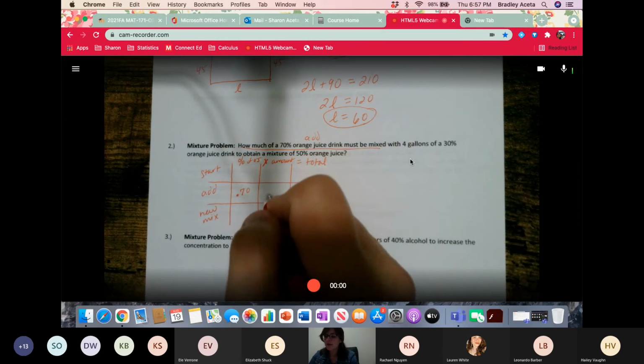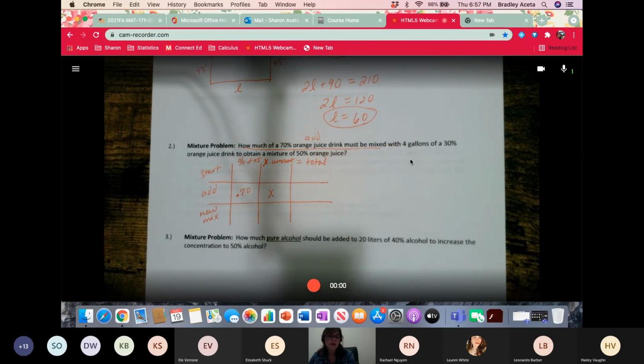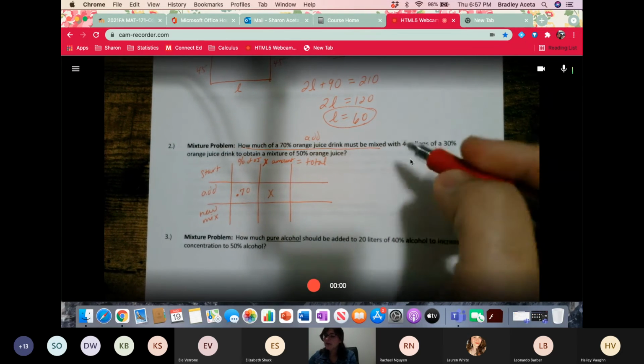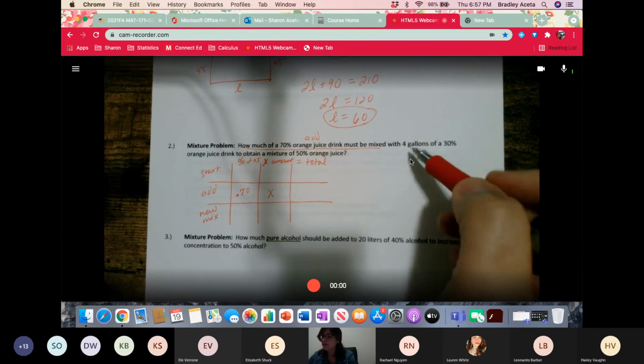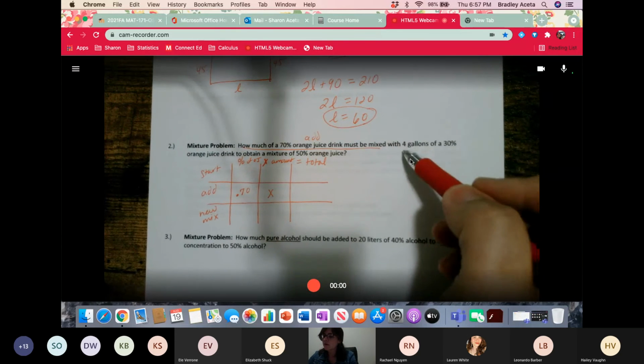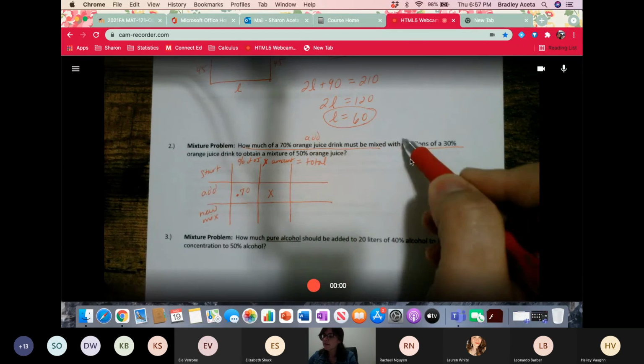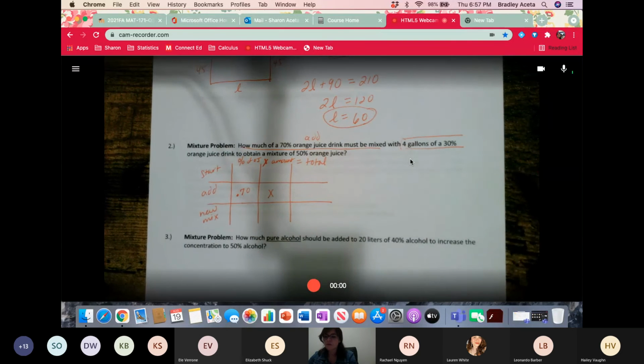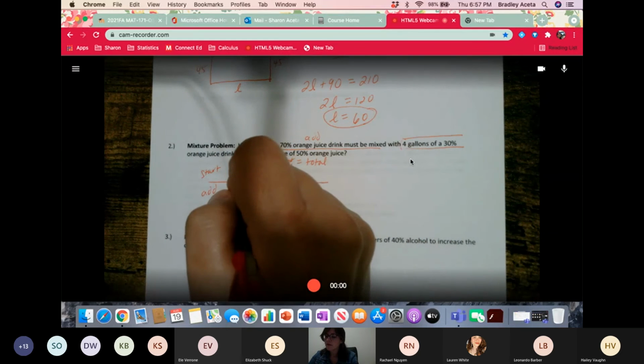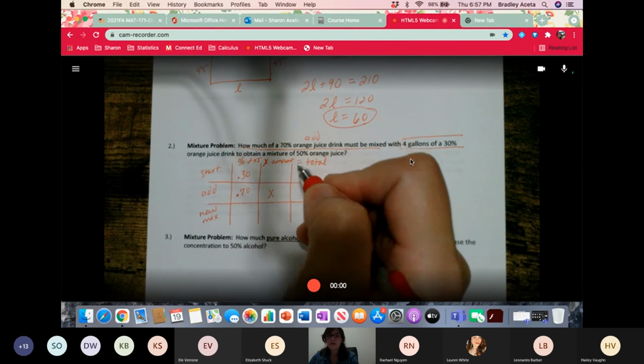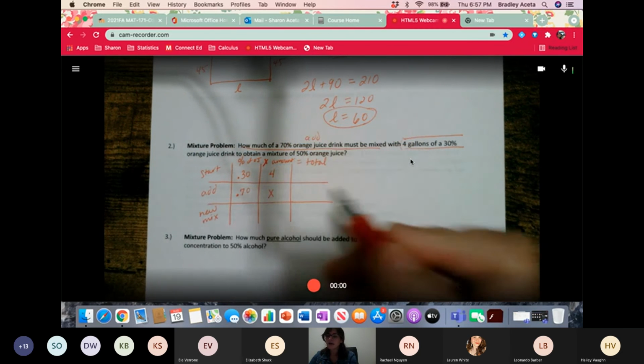How much of it do I add? I don't know. That's my unknown, so I'm going to call it X. That's the amount of X. And what am I adding it to? Well, I'm adding it to my start, something that I started with. I started with 4 gallons of a 30% mixture. So I have a 30% mixture, and I had 4 gallons to start.